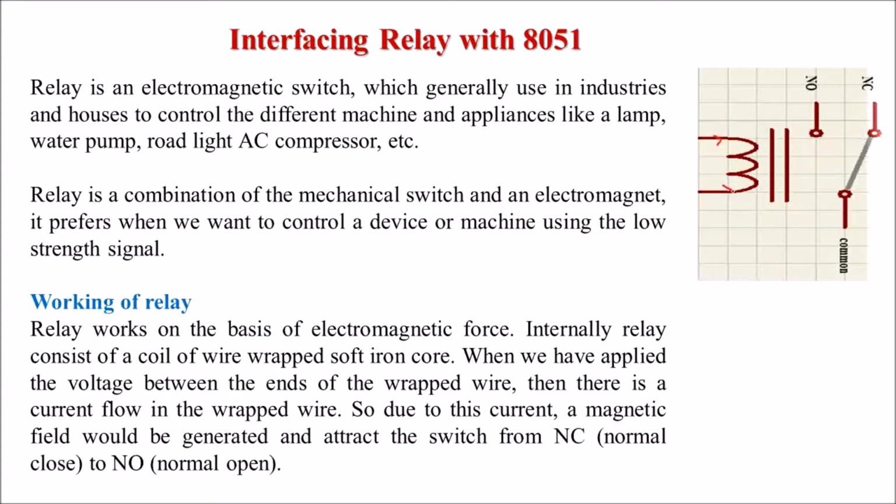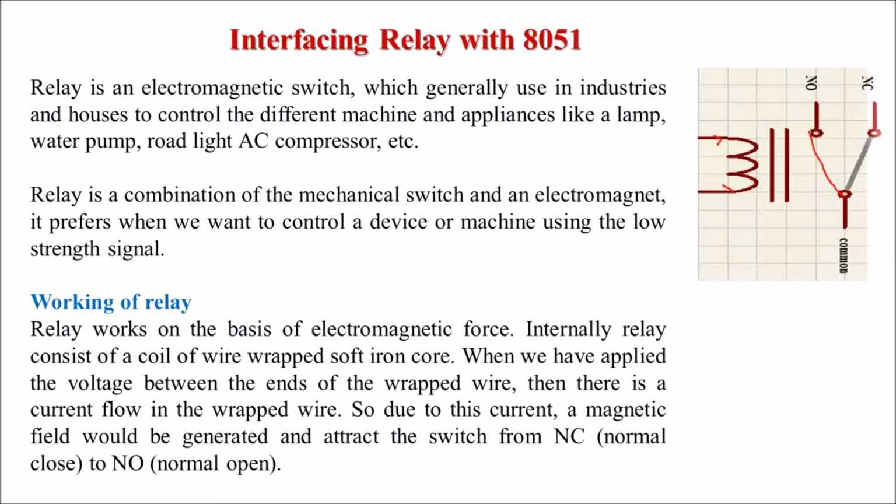Due to this current, a magnetic field is generated and attracts the switch from NC, that is normally closed, to normally open. So whenever this coil is energized, this switch will be connected to normally open.